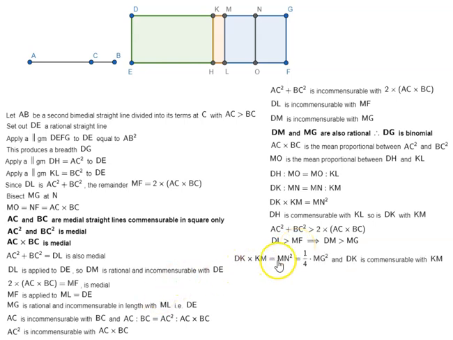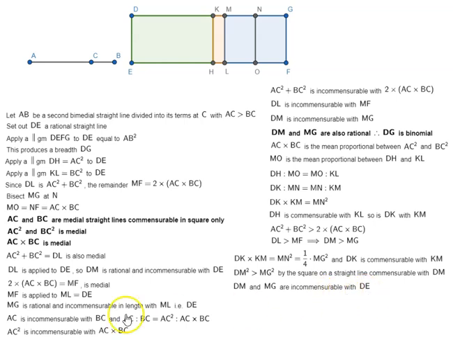DK by KM is equal to MN square. Now MN square is 1/4 of MG square, and based on this we can say that DK is commensurable with KM. So we have shown that DM square is greater than MG square by the square on a straight line commensurable with DM, and DM and MG are incommensurable with DE.